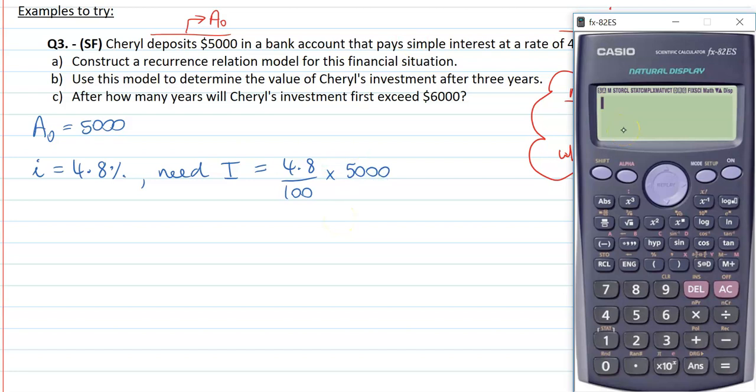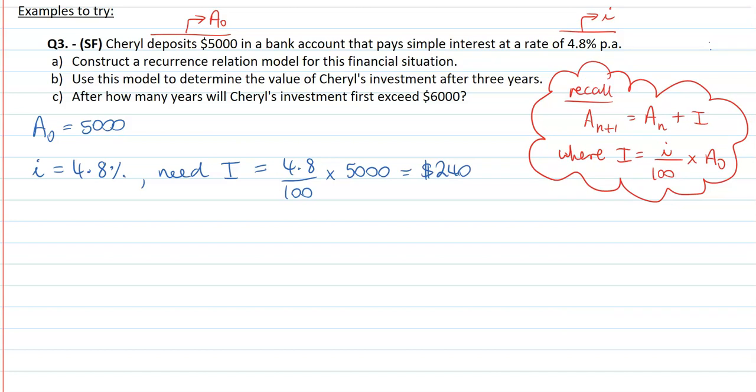So if we just pop that in our calculator, we can see that she's accruing $240 interest after every year.